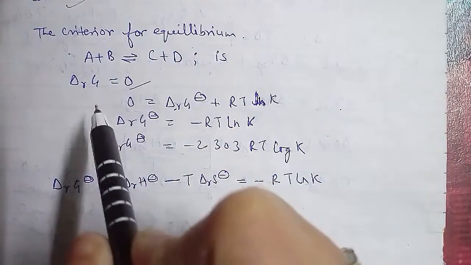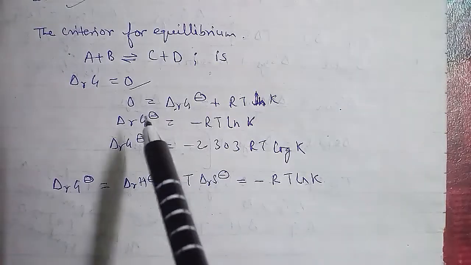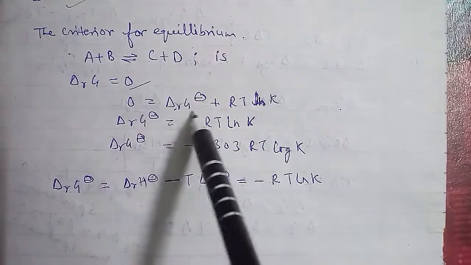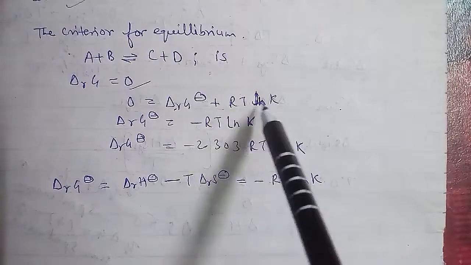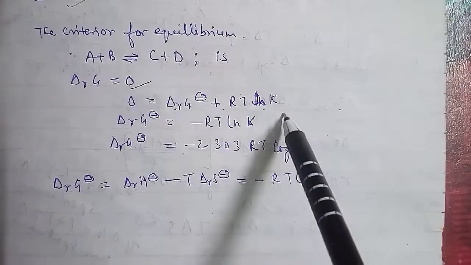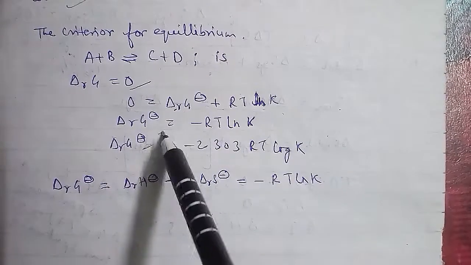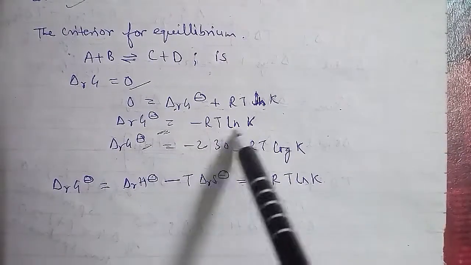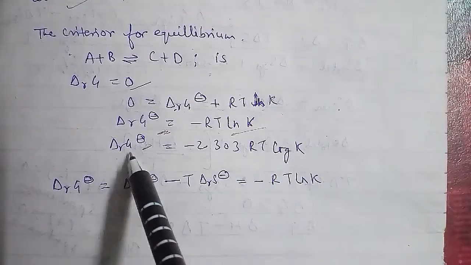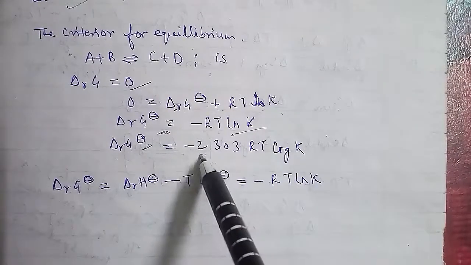So we can write 0 equals delta r G standard plus RT ln K, and so delta r G standard equals minus RT ln K, that is, delta r G standard equals minus 2.303 RT log K.